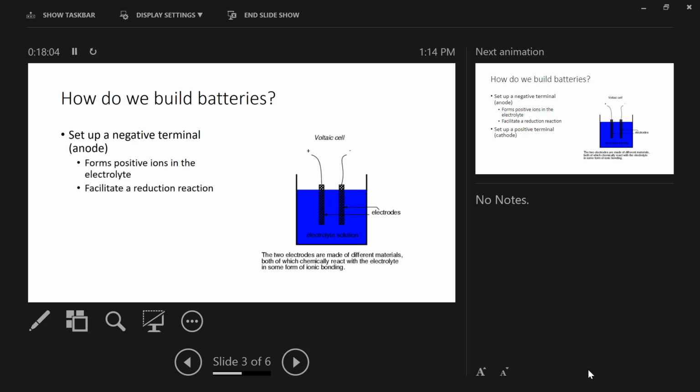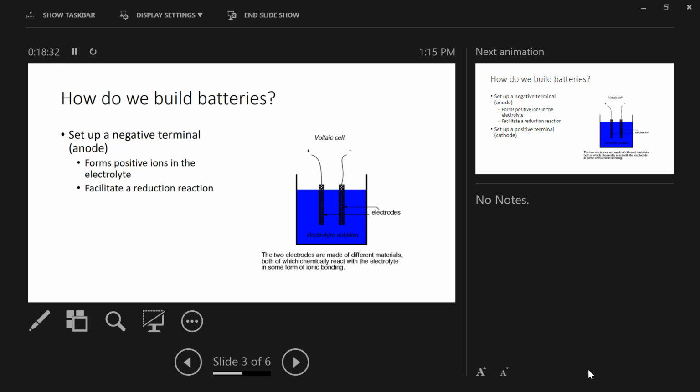The anode is losing electrons, is being oxidized. The electrolyte is gaining electrons and being reduced. Because if something's oxidized, something has to be reduced. We've talked about this before. You can't just expel electrons. If you want to get rid of electrons, you've got to find something to take them. Right? Okay.